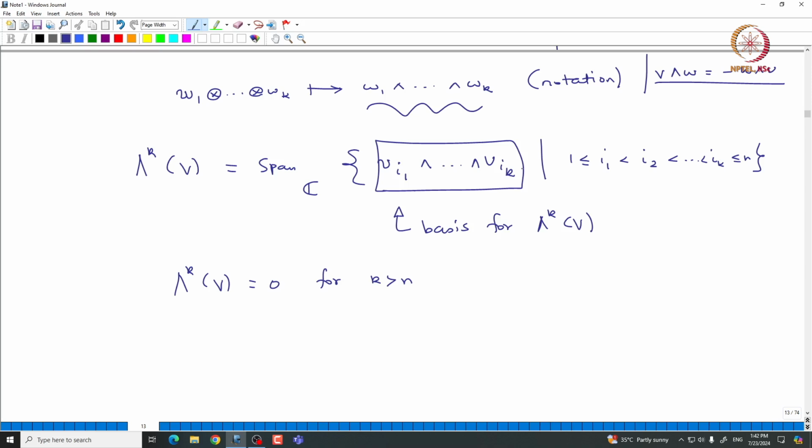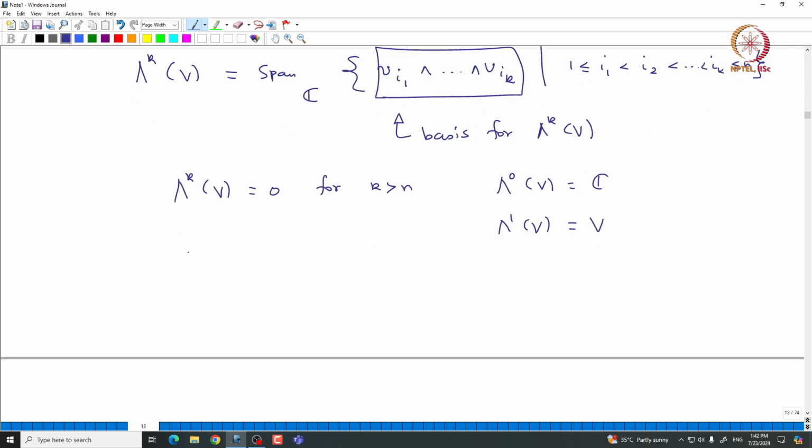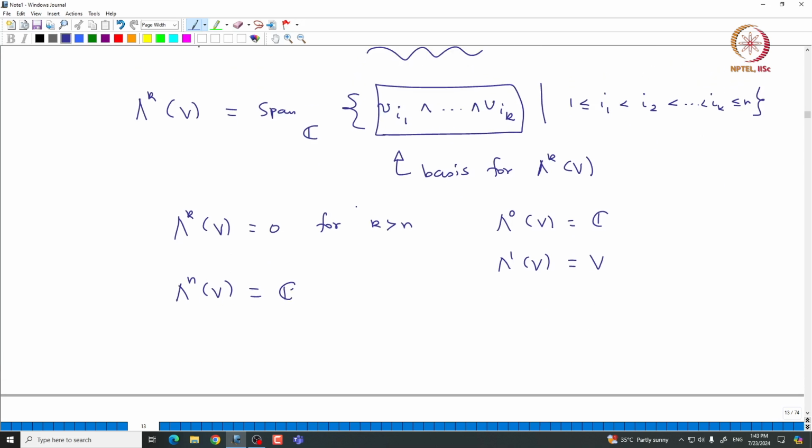So the product will become 0, and there is no non-trivial element inside lambda k of V. It is also not hard to see lambda 0 of V is just the complex numbers, lambda 1 of V is just your V, and lambda n of V will be spanned by the nth exterior product.